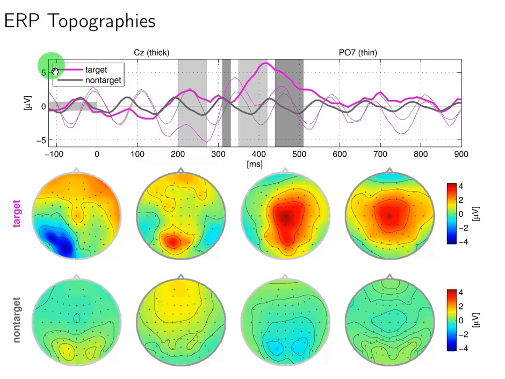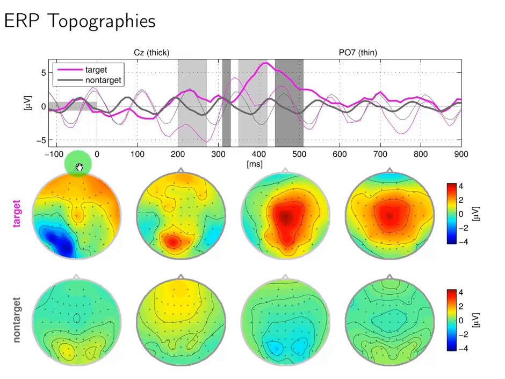Another way to visualize the ERP target and non-target distribution is through topographic images, as I mentioned earlier, which come from target and non-target. How do we get them plotted in this form?